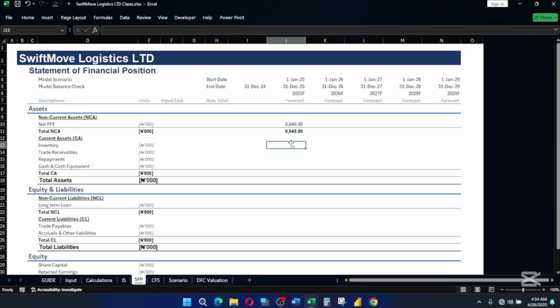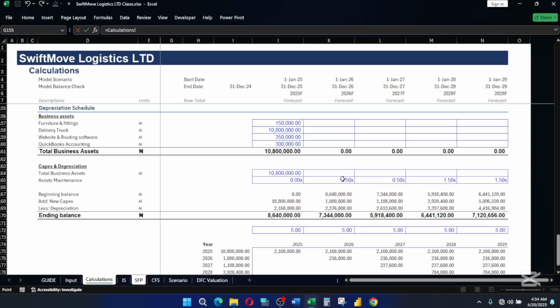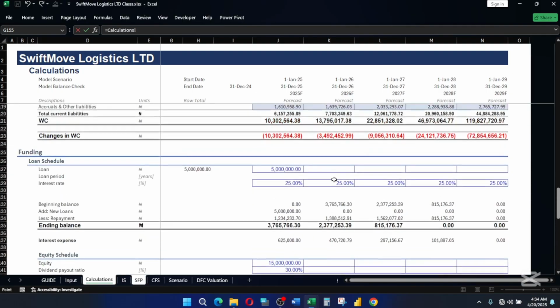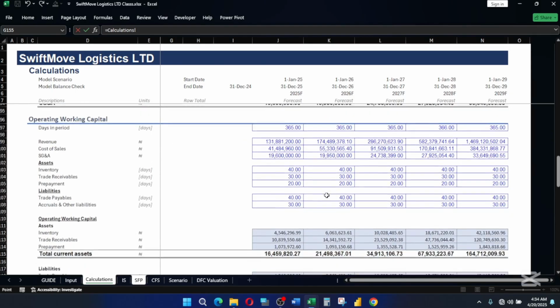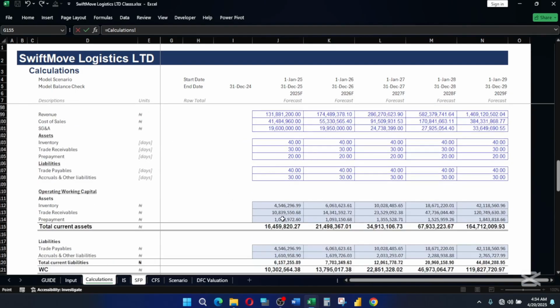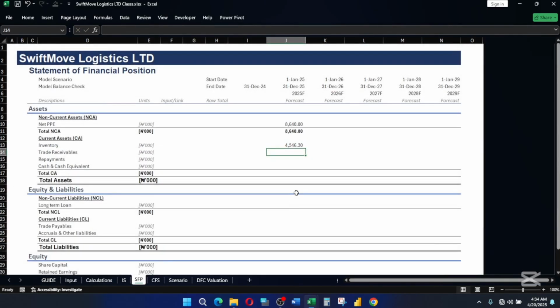So you come to your inventory equals to what? Come to your calculations, you go to your working capital. That is where you're going to find your inventory. So this is our inventory right now. Divide by the divisor. You see, we are not doing any calculation. So here, I can just drag.